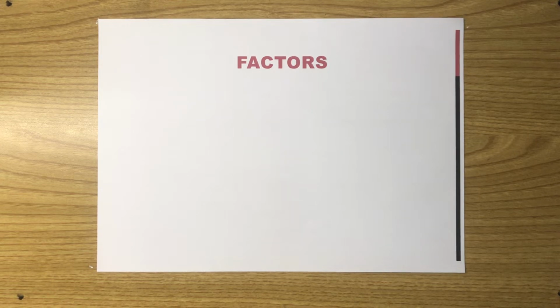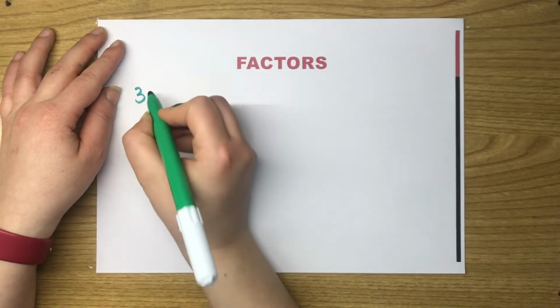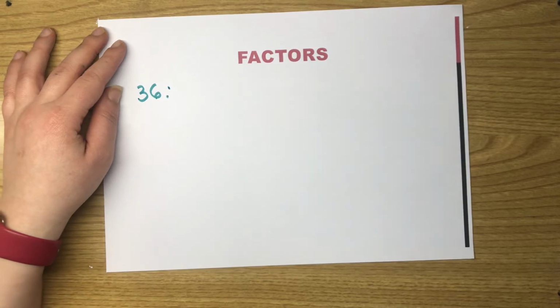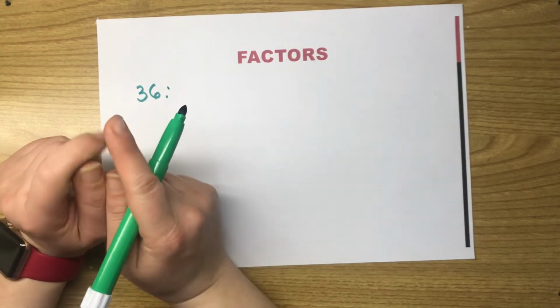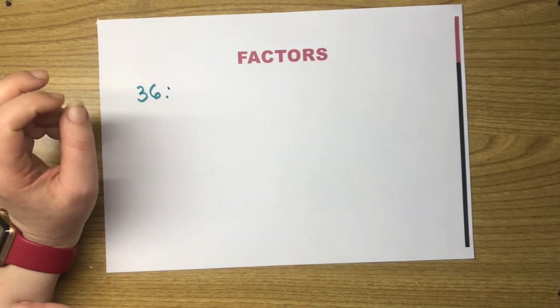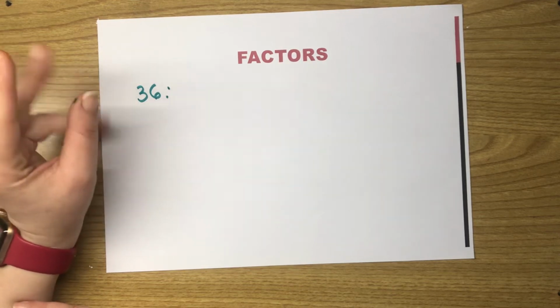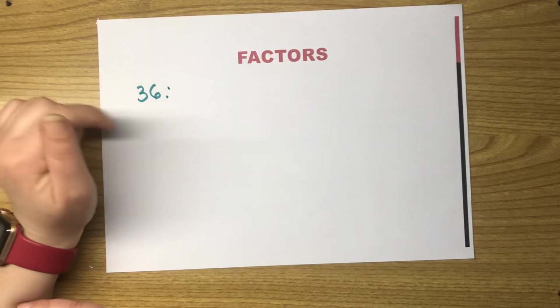Factors are numbers that can divide a certain number, such as, what are the factors of 36? I have a way not to repeat factors, other than using the factor bug. Remember the factor bug? Okay, 36.